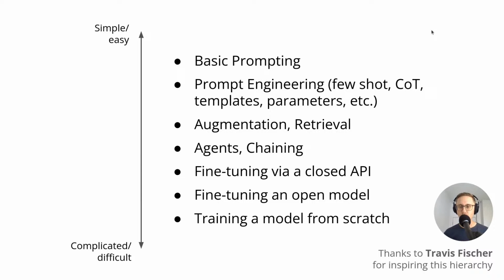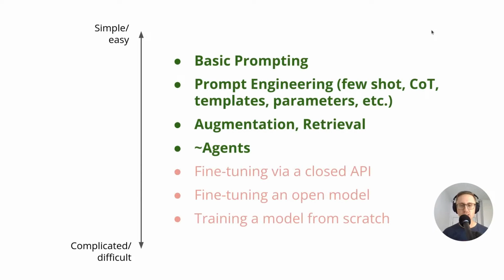95% of enterprise use cases, in my experience, can be solved without even fine-tuning a model for your company, by just using prompting and augmentation and chaining strategies. For that reason, what we're going to focus on in this webinar is how to do a few of these prompting and retrieval strategies with Go and with open models.